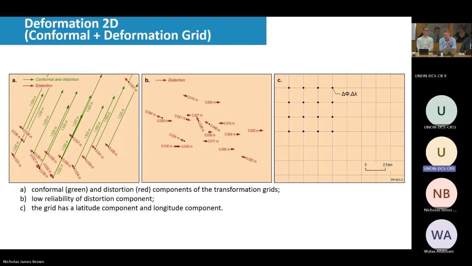But then if you take that out and you look at what's left, you can see the red arrows. And in some cases, they're moving in the same direction, and in other cases, they're moving in different directions. So what you do is you create a grid, as you can see on the far right-hand side, and for each dot on that grid, you estimate what that remaining bias or distortion is at that point. So you can use a mathematical process based on the points around you.